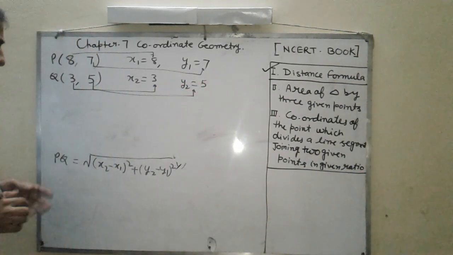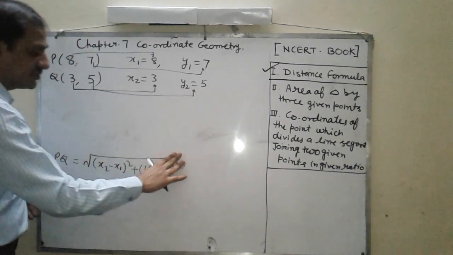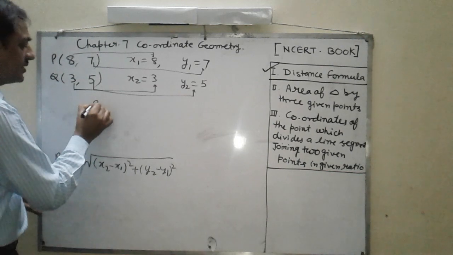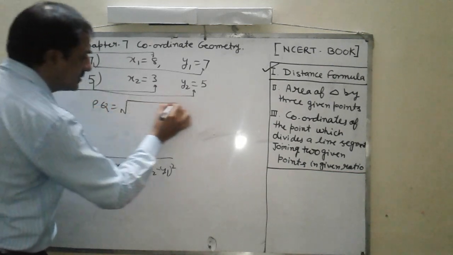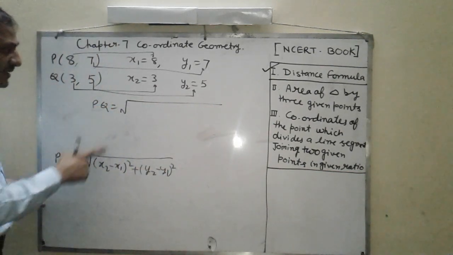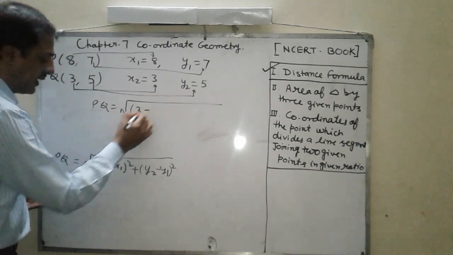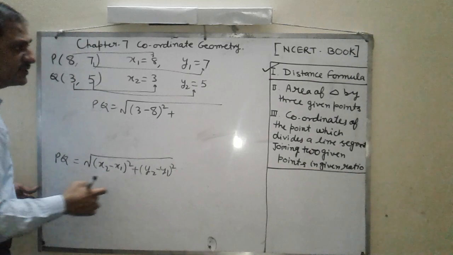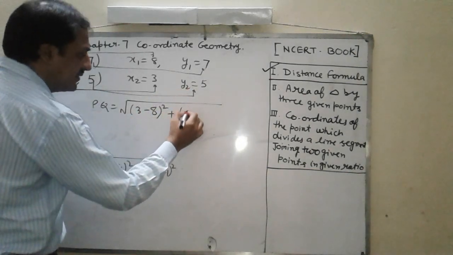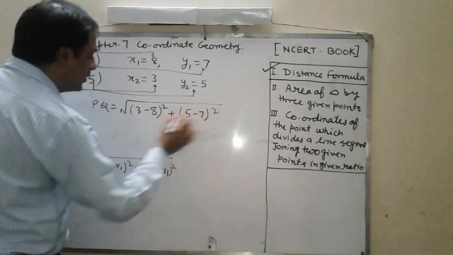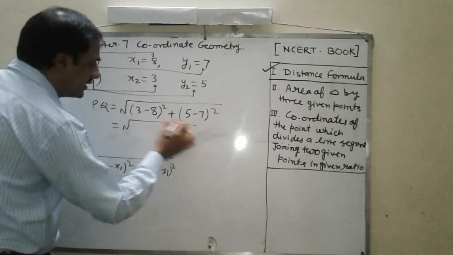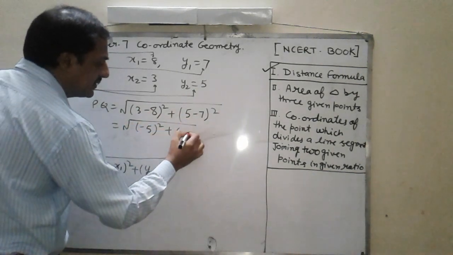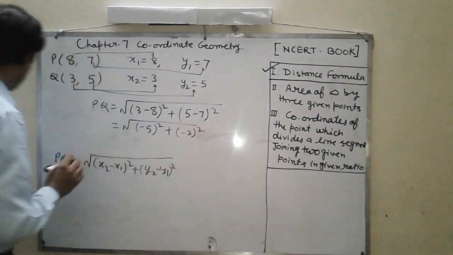Now I am going to use this formula for finding the distance between these 2 points. PQ is equal to under root the value of x2, 3, minus x1, 8, whole square plus y2 minus y1, y2 is 5, 5 minus 7 whole square, is equal to (3 minus 8, that is minus 5) whole square plus (5 minus 7, that is minus 2) whole square.